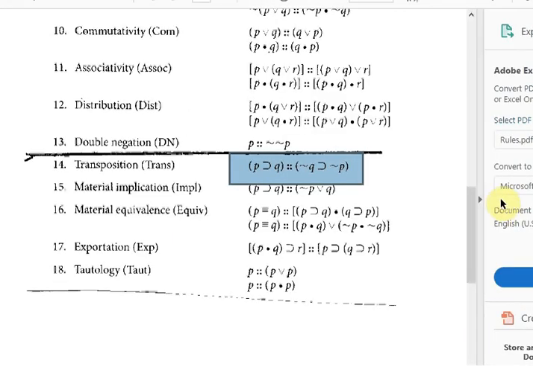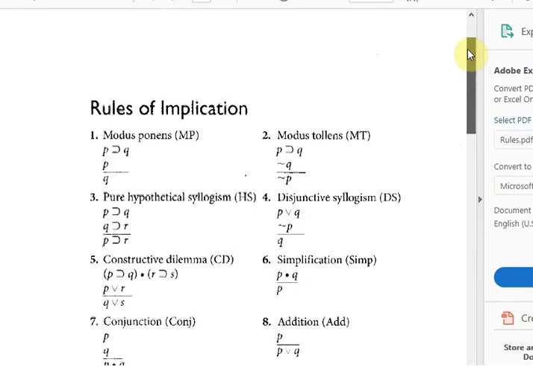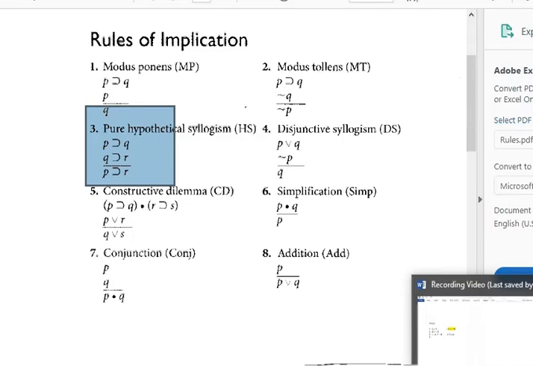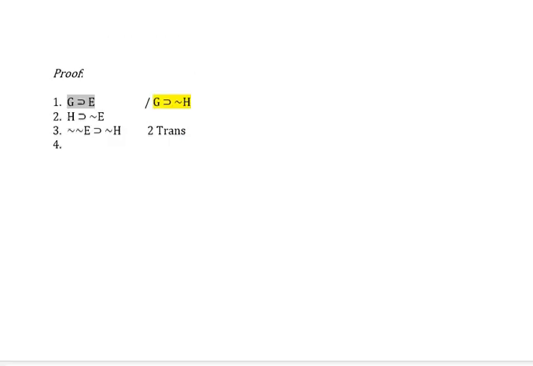Remember, the hypothetical syllogism is the case where we have if P then Q, if Q then R, therefore, if P then R, right? There it is. So it looks like everything we're doing is kind of gearing us towards a hypothetical syllogism.